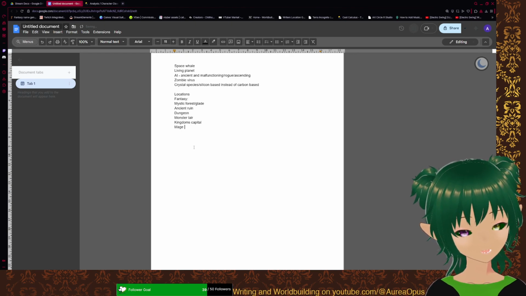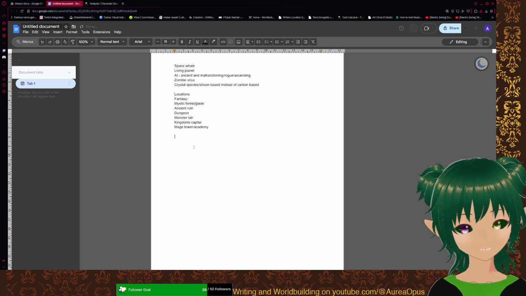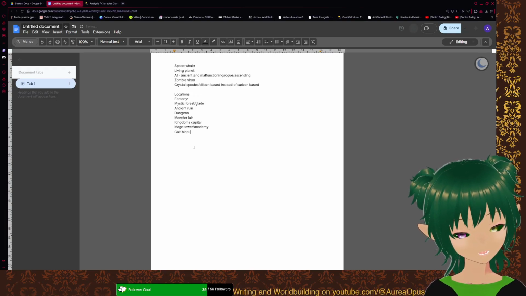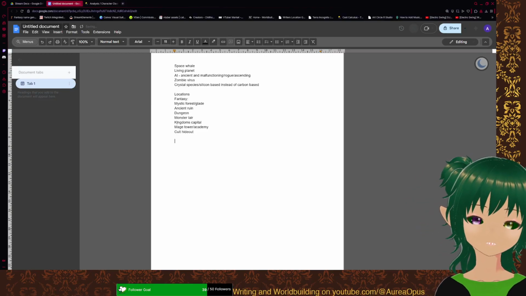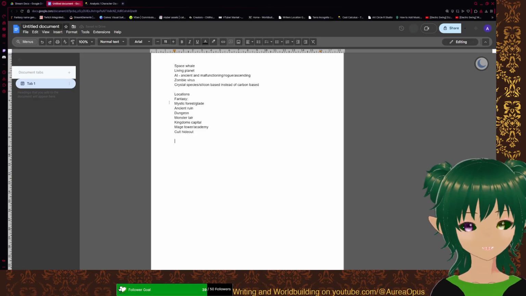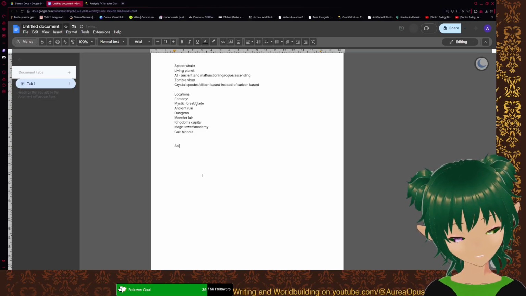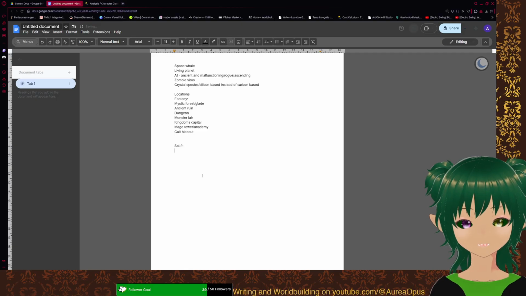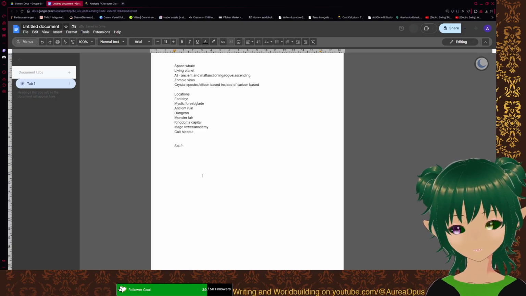The mage tower slash academy, the cult hideout. This feels general enough that it's really not even a specific category, is it? You know, these are just any sort of place that you could possibly build a story around, and if you're determined enough, you can build a story around anything.